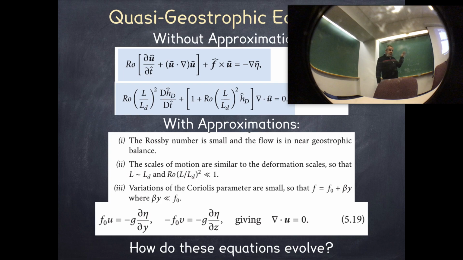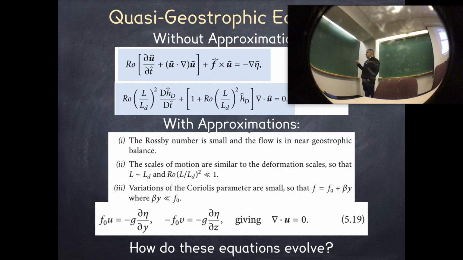Okay? But still, this is the leading order contribution. He doesn't even write it out that way, but we could write it out. F cross U is equal to F naught plus beta y cross u, and let me keep the hats on, which are dimensionless.